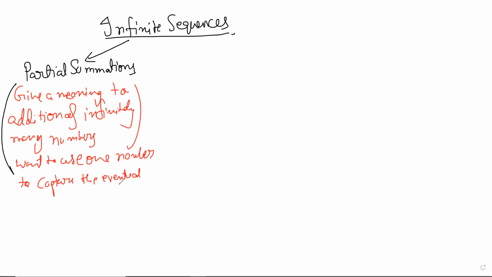This is the limit, we'll define it clearly. Sometimes one number is not possible, then we come to a concept called limit points, which we will also do, to capture the eventual behavior. This is one way in which we can see it.